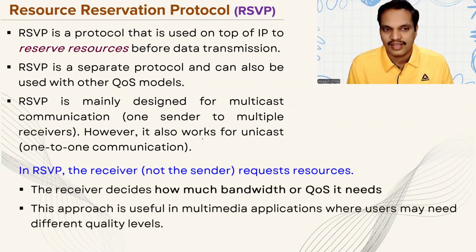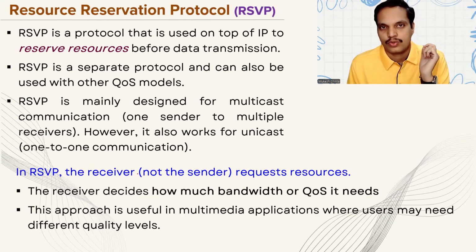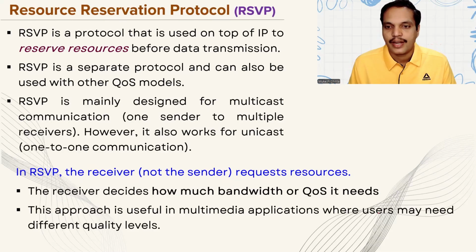Now, what are the things that are part of this particular RSVP protocol? You have to remember the point that in RSVP, it is the receiver that requests the resources, not the sender. The receiver decides how much bandwidth or QoS it needs. This approach is useful in multimedia applications where users may need different quality levels.